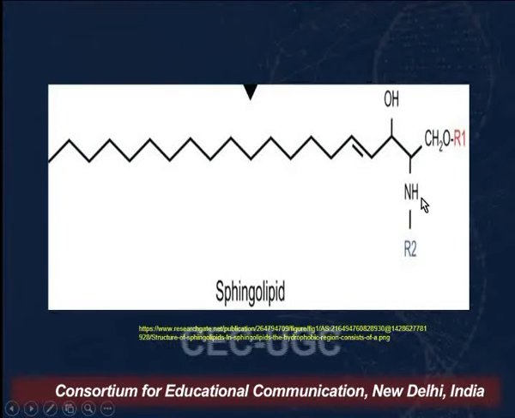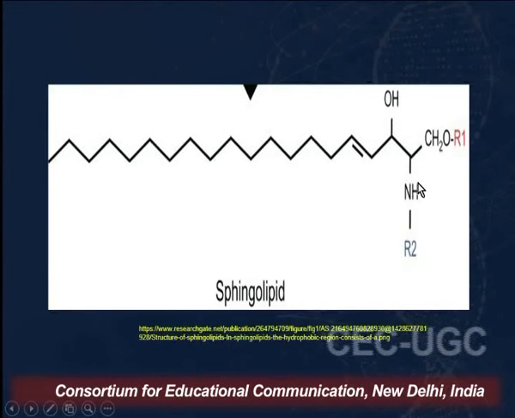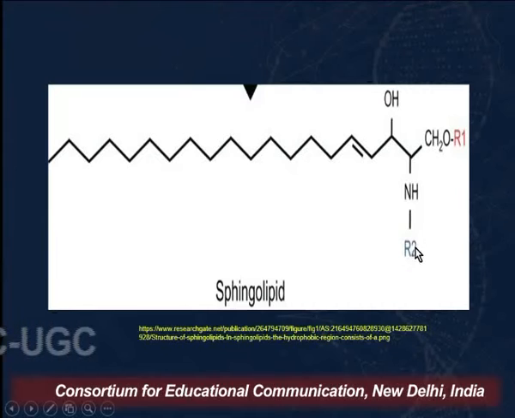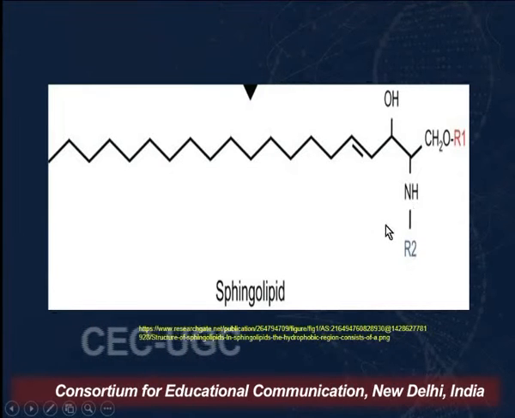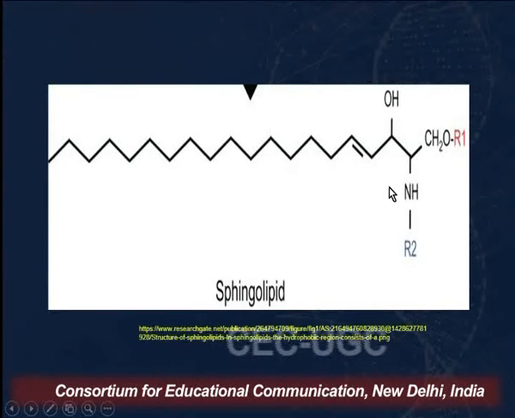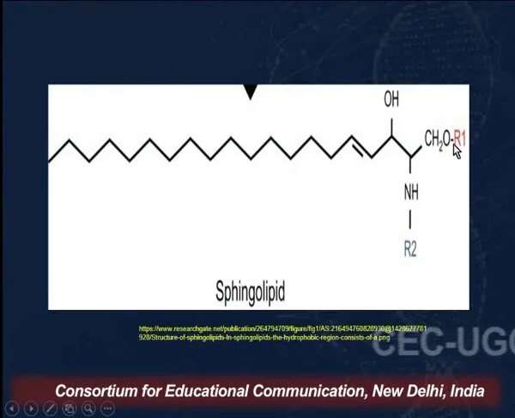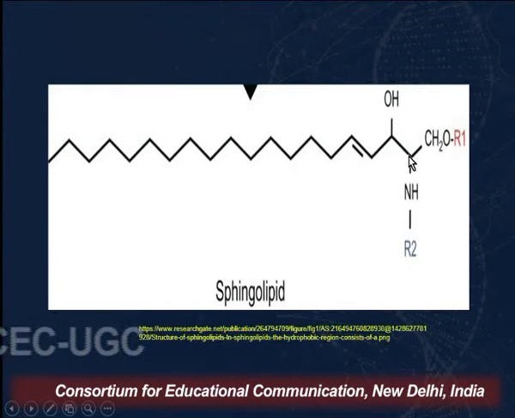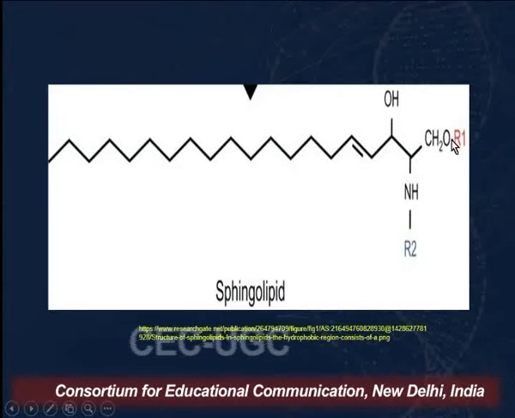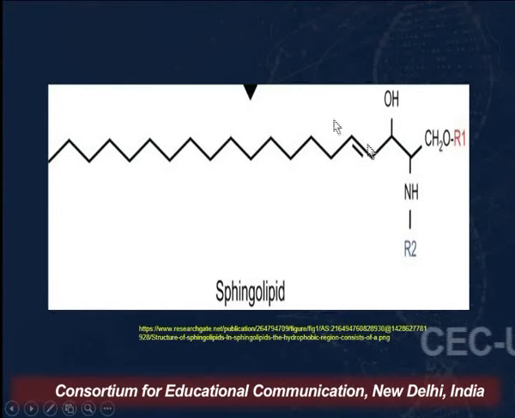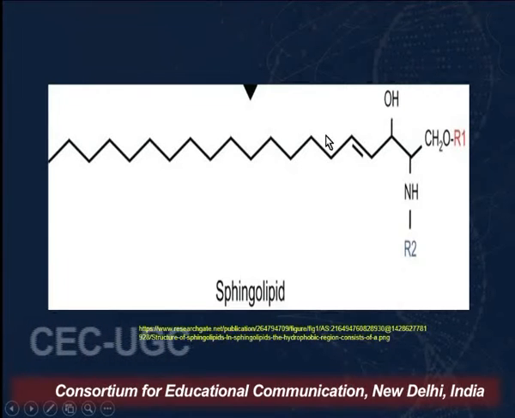Here the NH2 group which is present in sphingol reacts with the acid group and we get an acyl group here. So we will get an amide linkage here. Now this R will vary in different sphingolipids. It can be H or it can be some other group. So this is the basic structure of a sphingolipid.